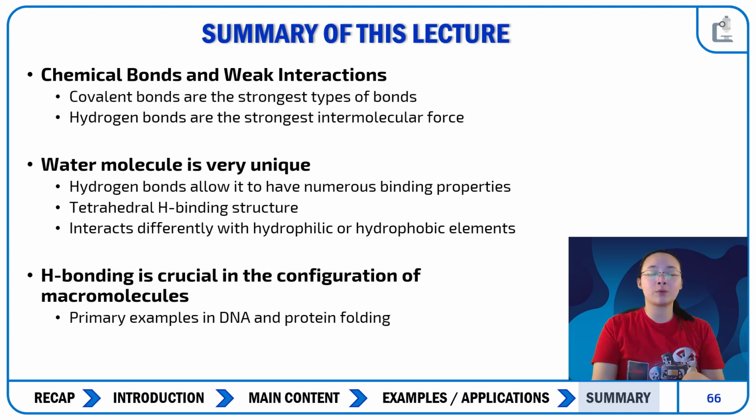Next, we really focused on the water molecule. The water molecule is extremely unique. Hydrogen bonds allow it to have a whole bunch of different binding properties. There's also its tetrahedral hydrogen bonding structure for your hydrogen bonding network. That is something that I would want you to review because it's very important for this course.